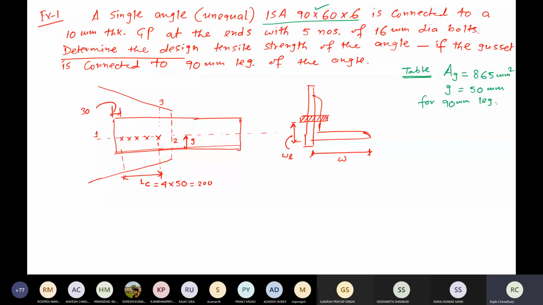If the 60 mm leg is connected, then your gauge would be different.